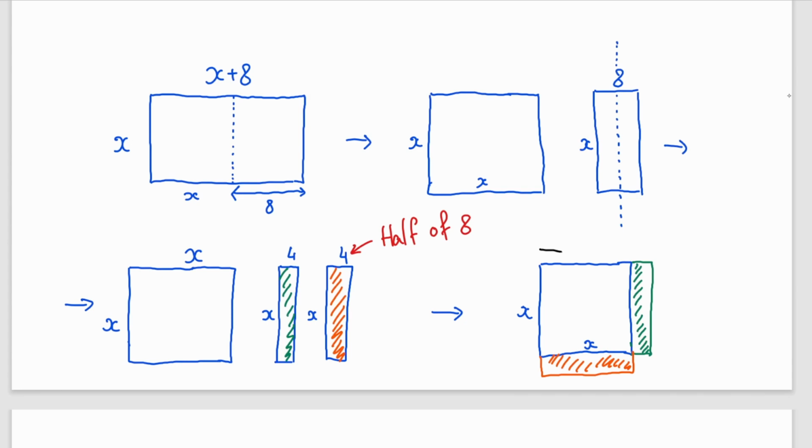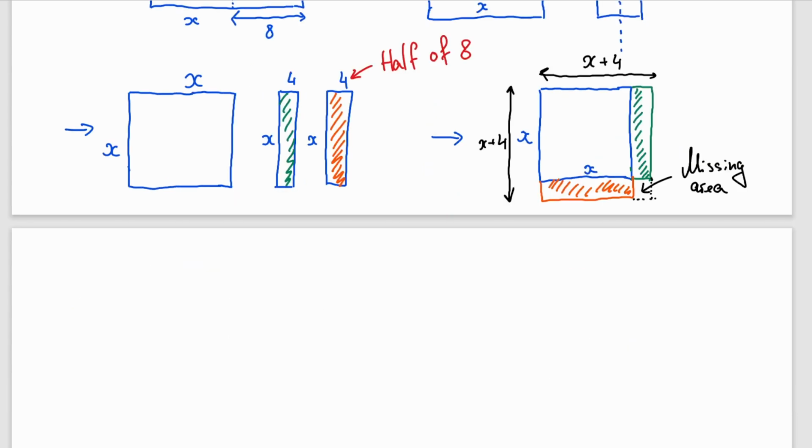So all in all, we almost got a square with the side x plus 4, apart from this little hole that is missing. Now, what is this missing area? If you still remember, the sides of the rectangle are x and 4. So we have 4 here and 4 there. Now that is a square with the side 4 and 4, so therefore its area is 16.